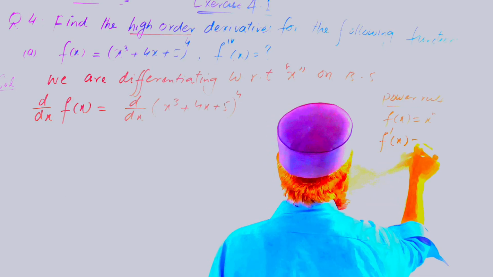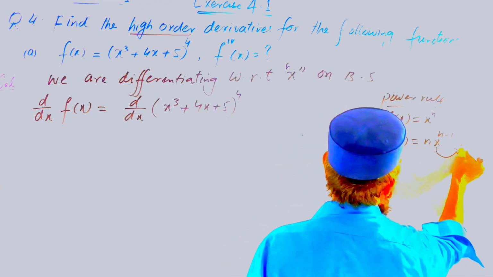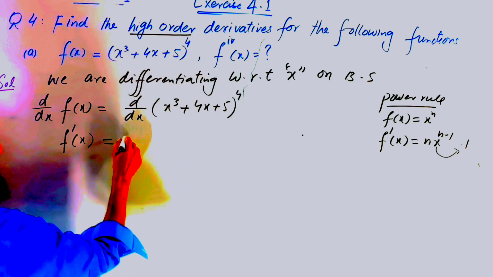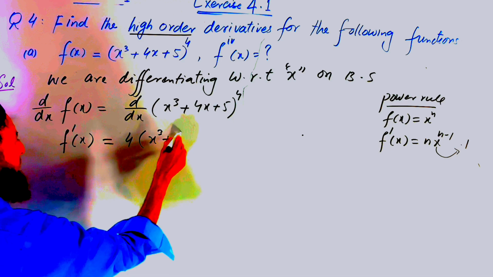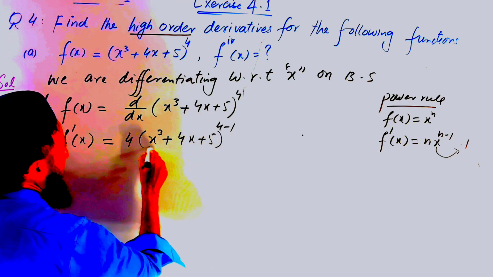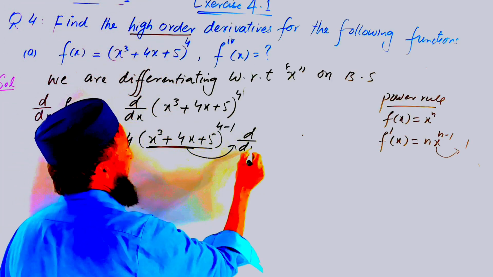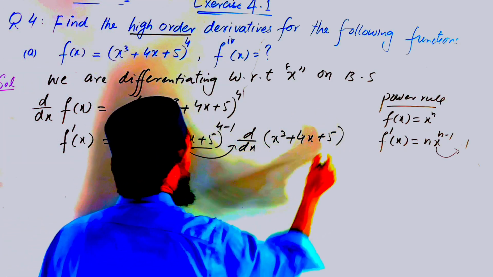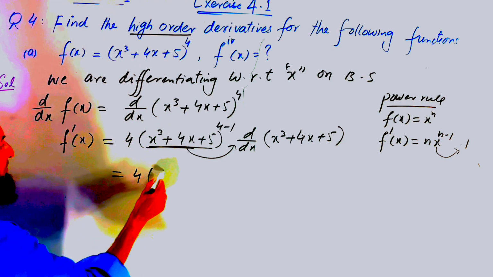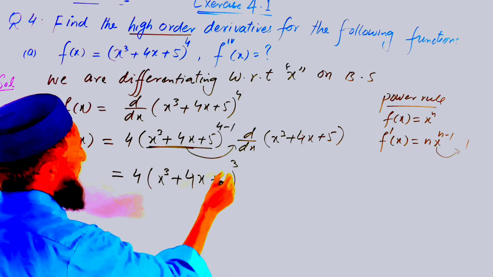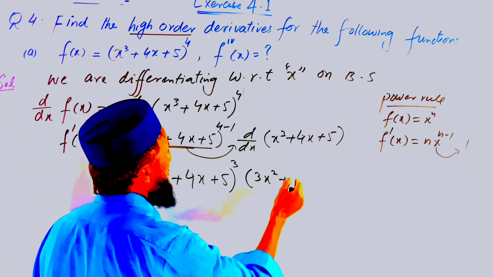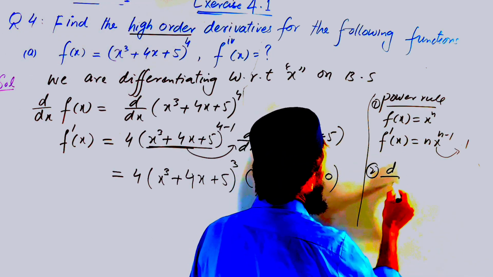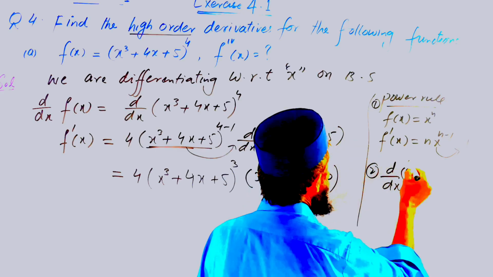So f dash x is 4 times (x cube plus 4x plus 5) to the power 4 minus 1, which is 3, and the derivative of the inner function is 3x square plus 4x plus the derivative of the constant 5, which is 0, because the derivative of any constant is 0.